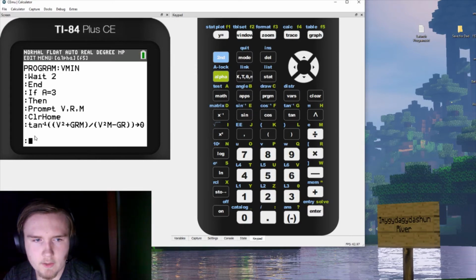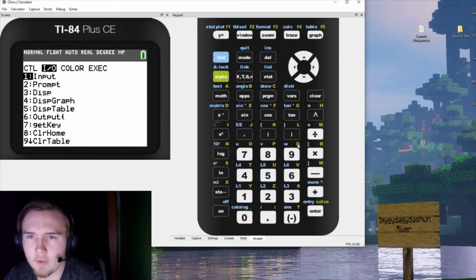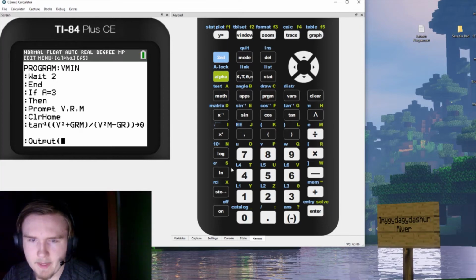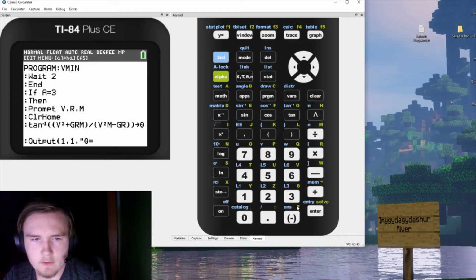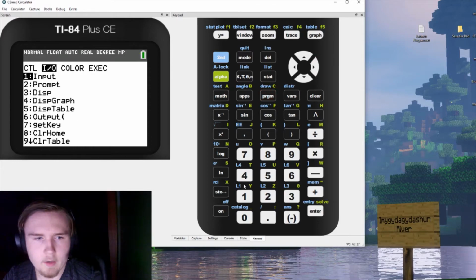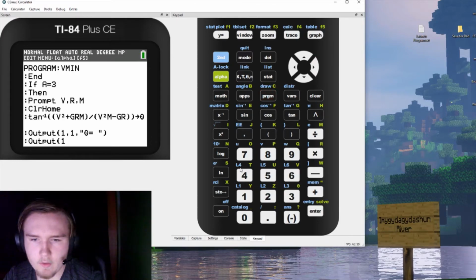Make sure you press enter because that's not a new line, and you're going to go program output at 1, 1 or 2, 1 if you're on a non-color calculator. Theta equals space, close that. Then again, you're going to output at 1, 4 or 2, 4 if you are on a non-color calculator, and you're going to output theta.